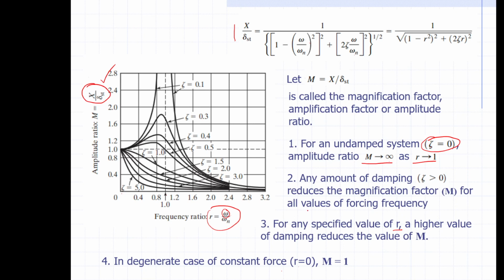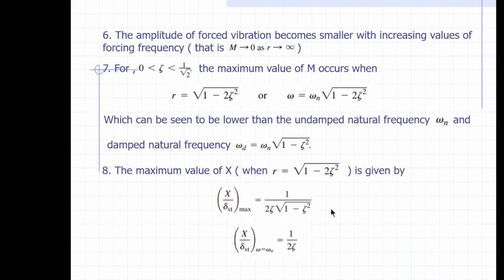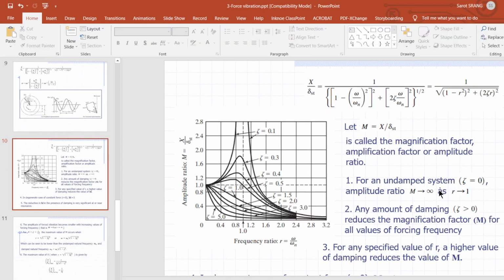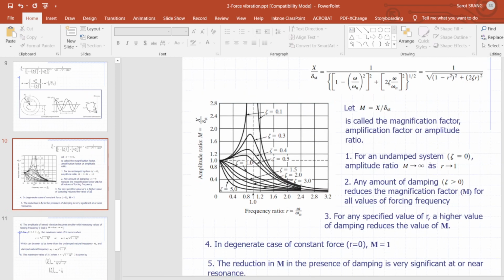And the last case: the reduction in M in the presence of damping is very significant at or near resonance.